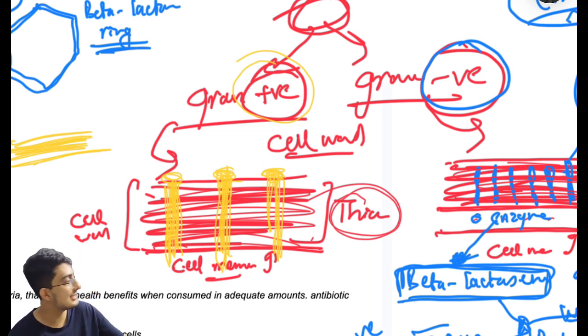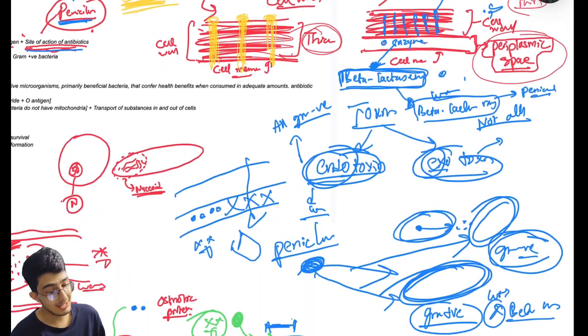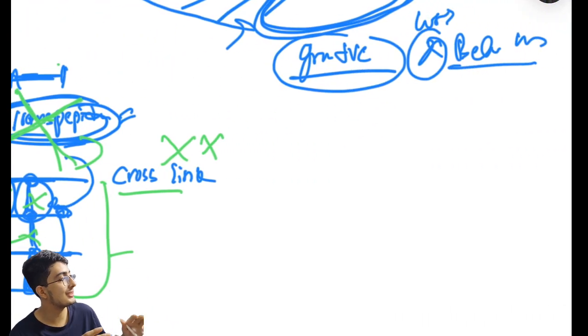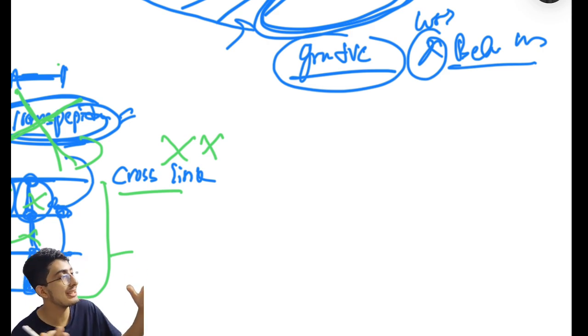The reason is, first, as he said, they don't have the periplasmic space and the beta lactamase enzyme. But another reason is, penicillin is working on which part of the bacteria? Is it the ribosome or the nucleus? No, the cell wall, right? So which bacteria has the thicker cell wall? Gram positive bacteria have the thicker cell wall.